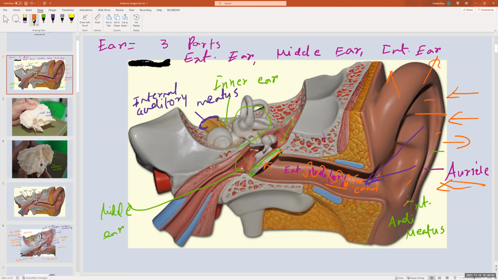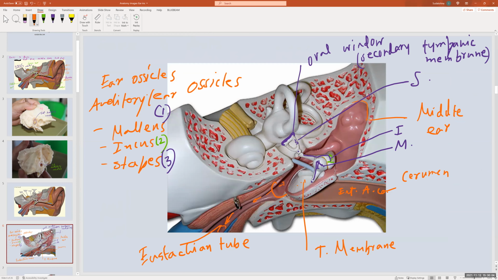From there, the sound wave travels and hits the tympanic membrane. Tympanic membrane starts vibrating, which then vibrates these bones. Tympanic membrane vibrates as a result. Malleus vibrates as a result. Incus vibrates as a result.